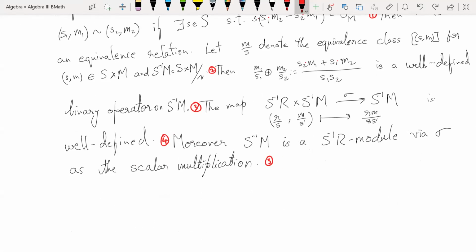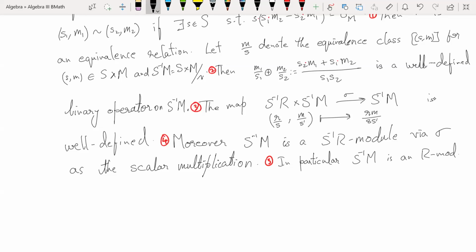So in particular, S inverse M is an R module. Yeah. So it has both R module structure and S inverse R module structure. So why is it an R module? Because any S inverse R module is also an R module, because we have a ring homomorphism from R to S inverse R.